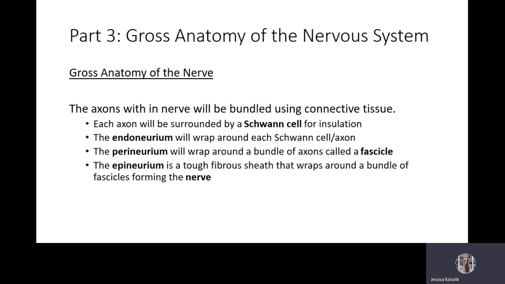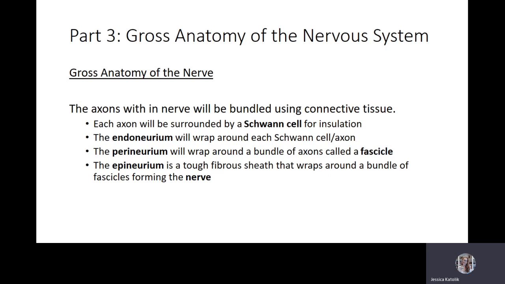From there, we can continue the bundling process by taking a bunch of fascicles and bundling them together with a third piece of connective tissue called the epineurium. The epineurium is a very dense fibrous sheath that wraps around this bundle of fascicles and forms the nerve.